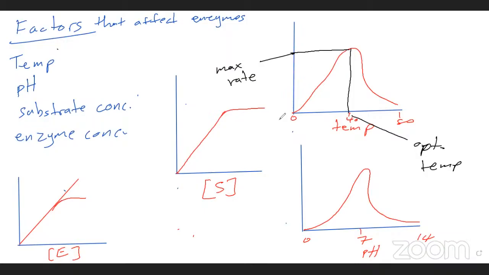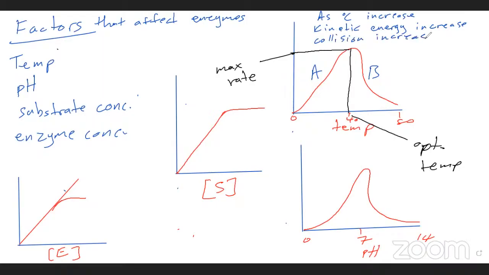Now, in terms of explanation, I'm going to call this side A, and this side B. For A, as temperature increases, kinetic energy increases. Once kinetic energy increases, collisions increase.